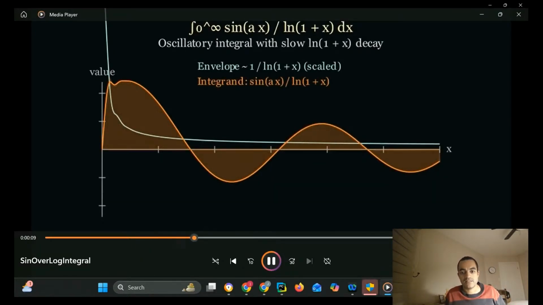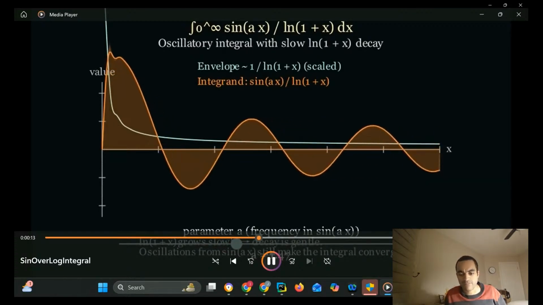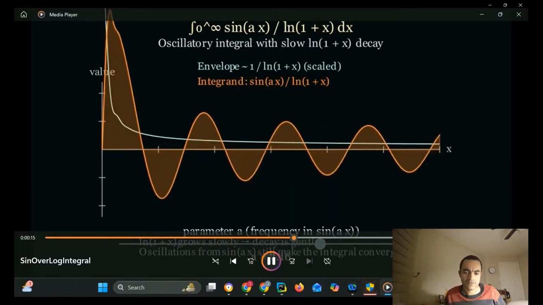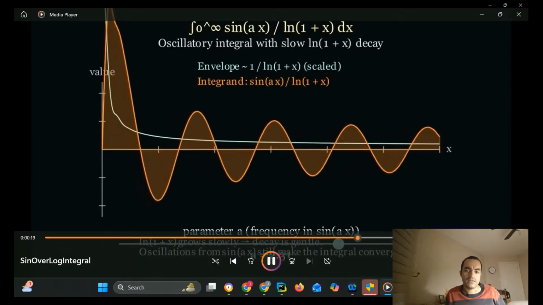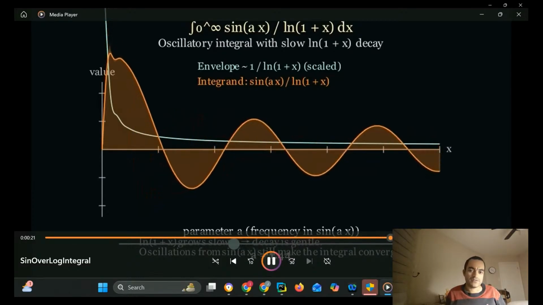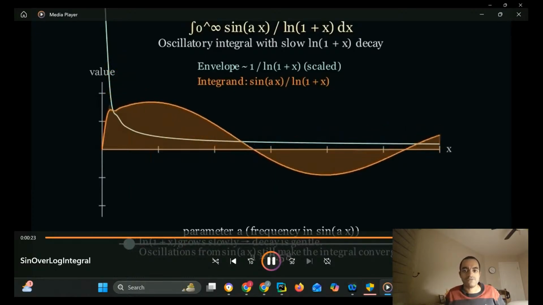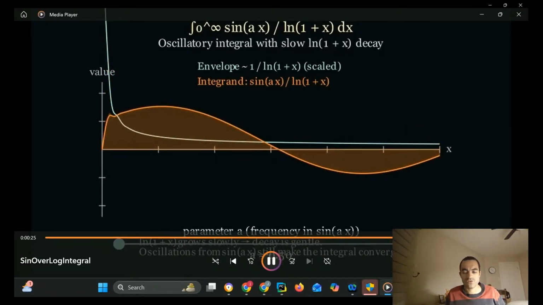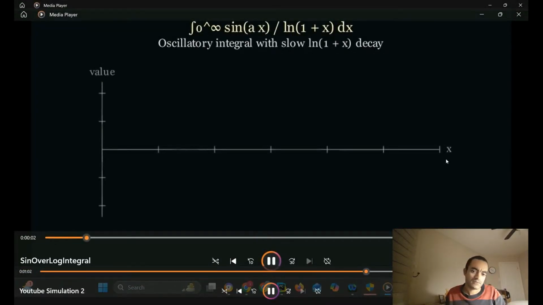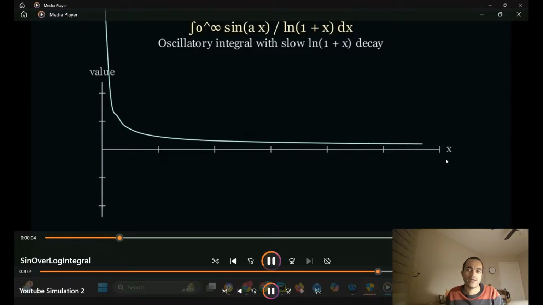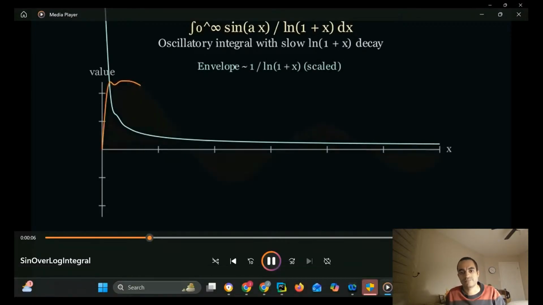With ln of 1 plus x, there's an envelope, and this envelope is stretched or compressed based on the scaling. And you can see we have a slow decay for ln of 1 plus x.